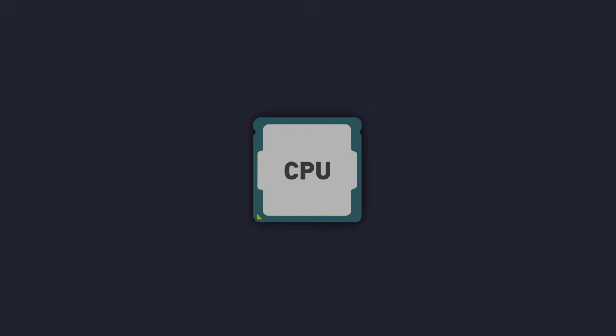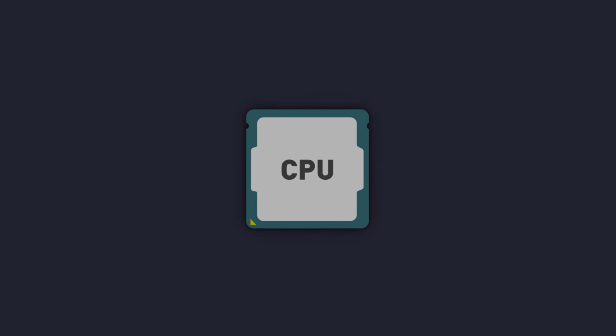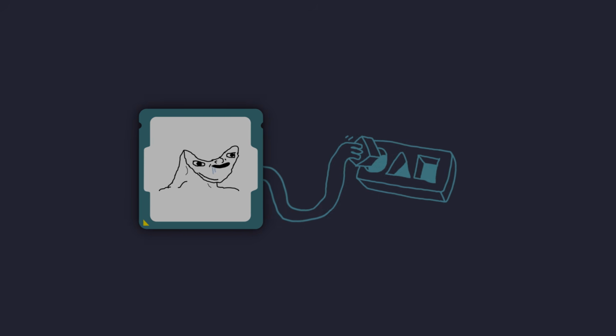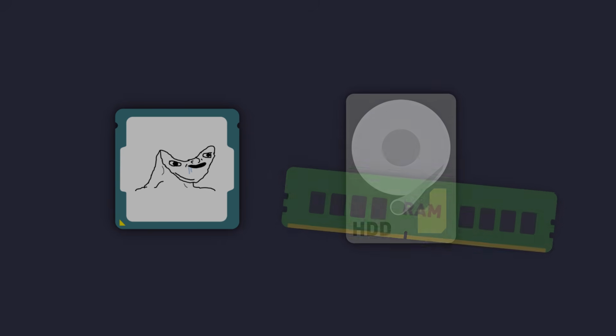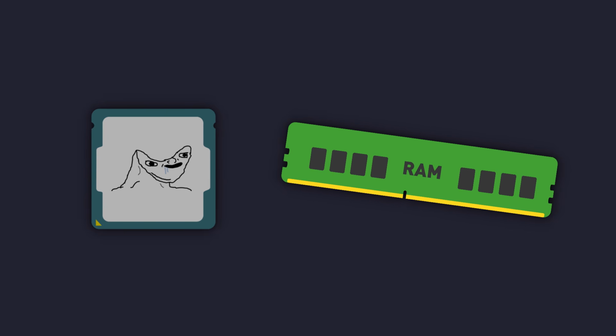Really, the main issue is in getting the CPU to cooperate. Computer processors are really dumb. On their own, they do absolutely nothing, because they have no instructions to follow. Even if you gave one a hard drive with a bunch of programs, it wouldn't know how to read that hard drive. If you gave it RAM, it wouldn't know how to use that RAM.